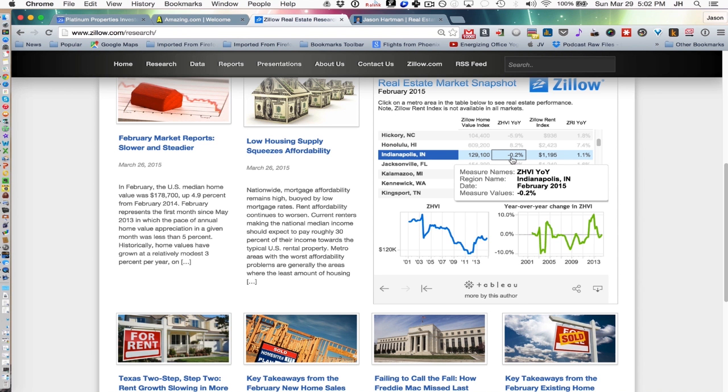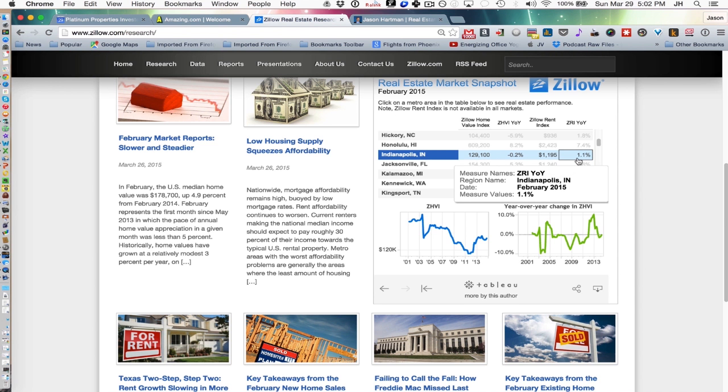But here's what I want you to notice about this linear, boring, and I'm saying boring in a good way, market like Atlanta or Indianapolis. I want you to notice the rents. Here, a 129 property, and your rent index is 1195 or 1200. So it's almost 1%. And your rents were up just over 1% in the past year, according to the index.